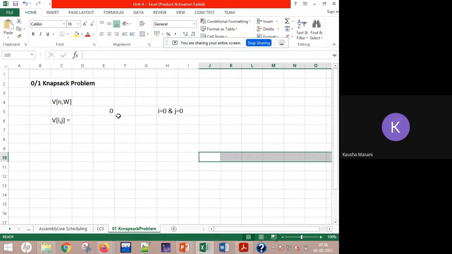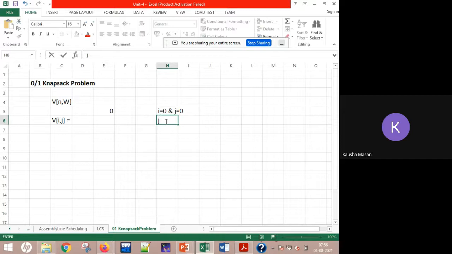If my J value is less than Wi, what is this Wi?